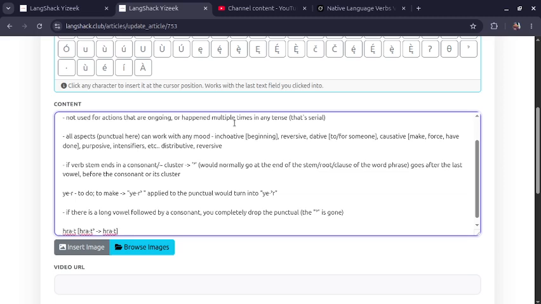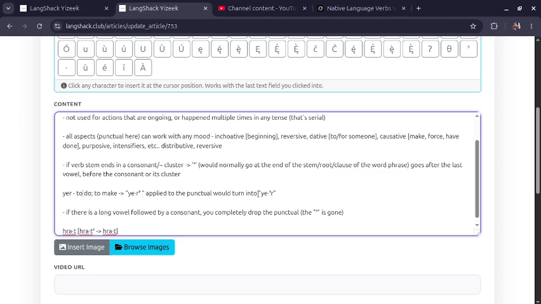And this does seem confusing at first because this is along this. I don't think yer is actually a long vowel. Yeah, I think that's why this makes sense, because it does extend it right there, because you're putting the punctual there.